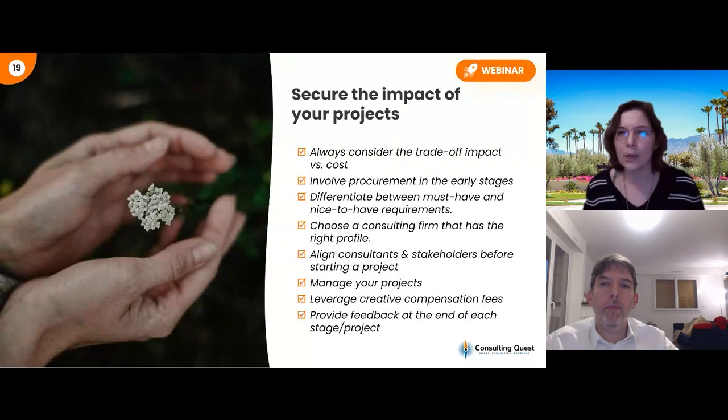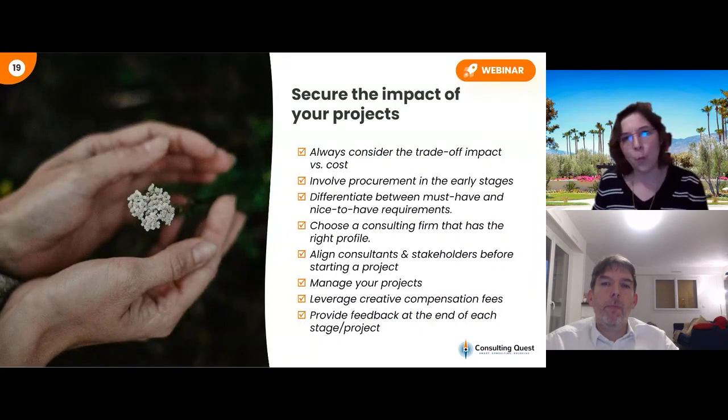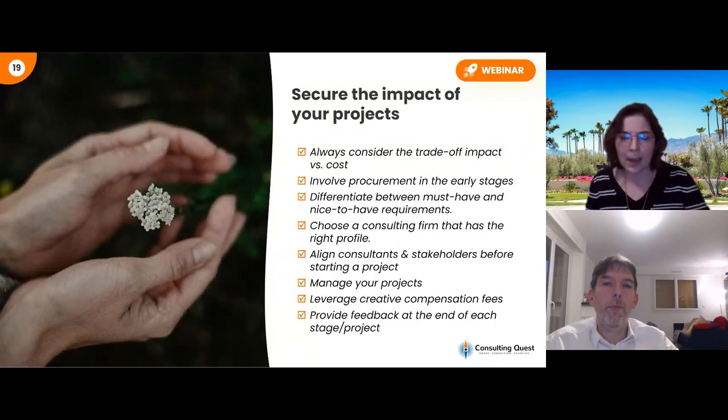What is the solution that you're looking for? And help you not only write those RFPs, but also define the profile of the consulting firm you need for that. So two things: working on an RFP that is really focused on the must-have, and working with a consulting firm that has the right profile.